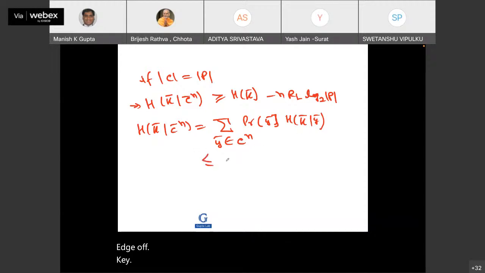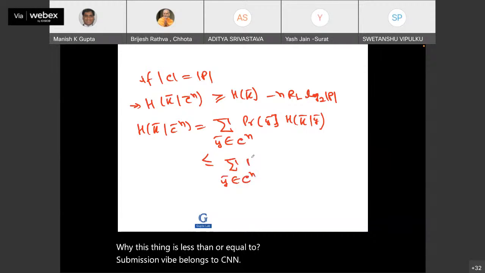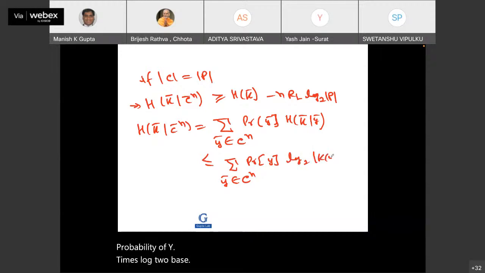This thing is less than or equal to the summation over y belonging to Cn of the probability of y times log 2 base ky, for all keys.